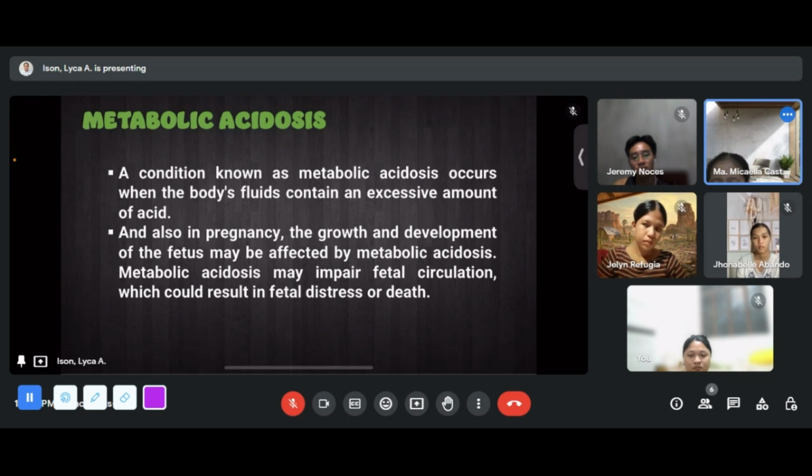So, ang metabolic acidosis is an acid-base imbalance. Hindi ito isang disease. Ito ay isang biochemical abnormality, and also metabolic acidosis has non-specific clinical manifestations and it can be mistaken for both common and uncommon disease.